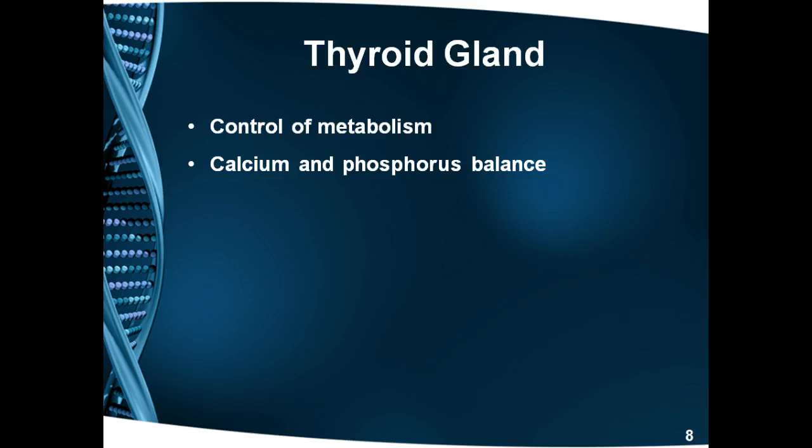The thyroid gland generally controls the metabolic rate of all the cells. It promotes sufficient pituitary secretion of growth hormone and gonadotropins. It regulates how you metabolize your carbohydrates, proteins, and fats in the body.